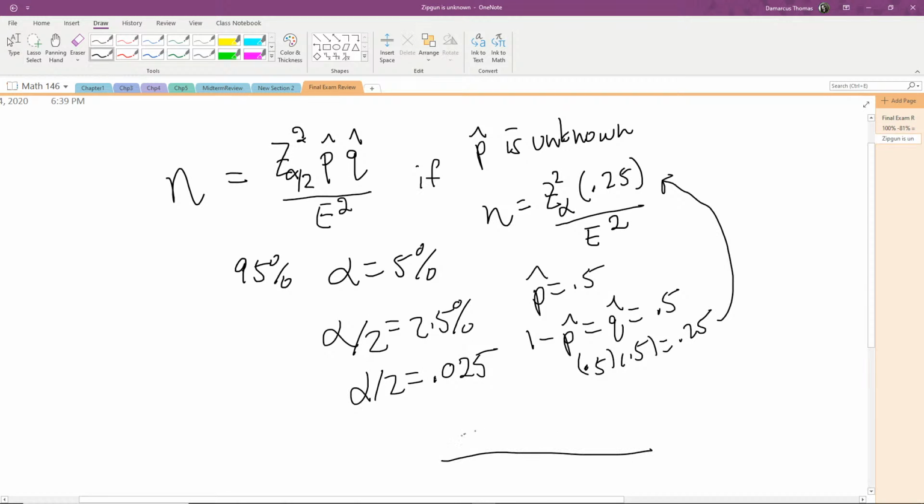And we need to get that value that corresponds to 0.025, which is the area to the left, therefore, is 0.975, because we're doing 1.00 minus 0.025.